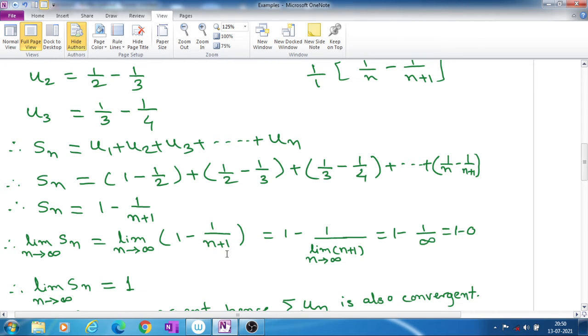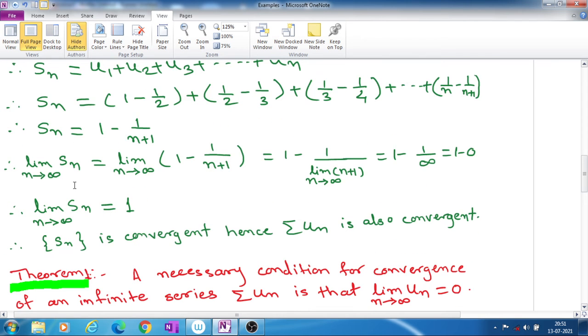Here n is in the denominator, so the limit of n plus 1 as n tends to infinity is infinity. So this is equal to 1 minus 1 upon infinity. 1 upon infinity is 0, therefore this is equal to 1. So the limit of Sn is equal to 1.